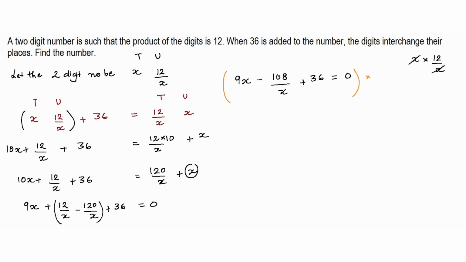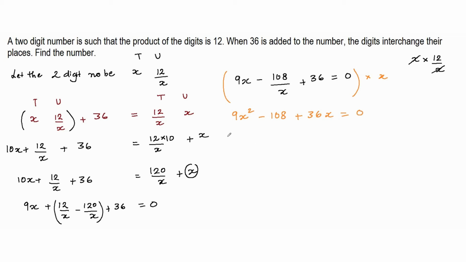I should multiply both sides by x, right? Why am I doing that? Because I want to get rid of this denominator. So 9x into x becomes 9x square, minus 108 upon x into x becomes minus 108, and 36 into x becomes 36x is equal to 0.